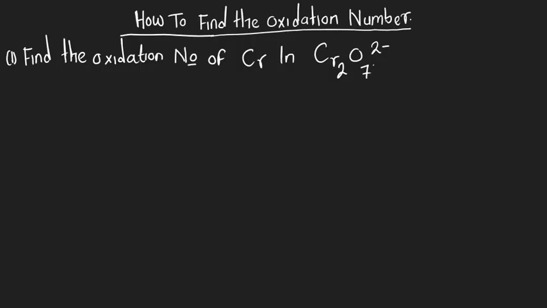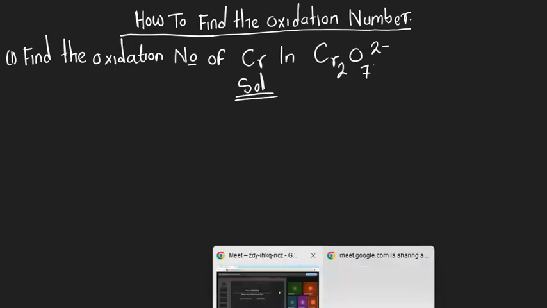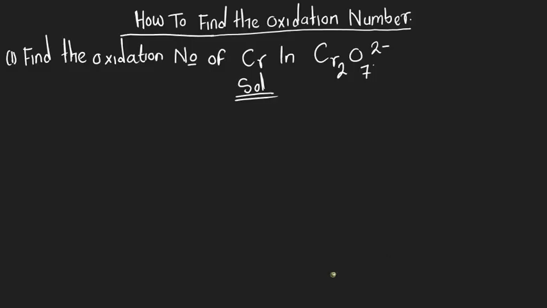Find the oxidation number of chromium in this. It's a dichromate ion actually. So if a question comes in chemistry asking you to find the oxidation number, the first thing you're going to do, ask yourself, oxidation, what does it mean?